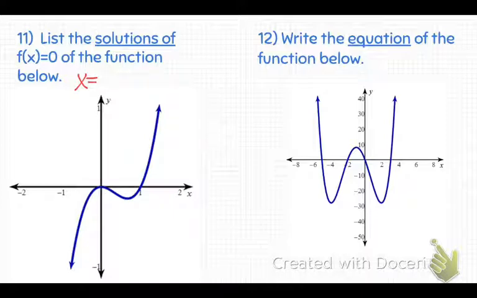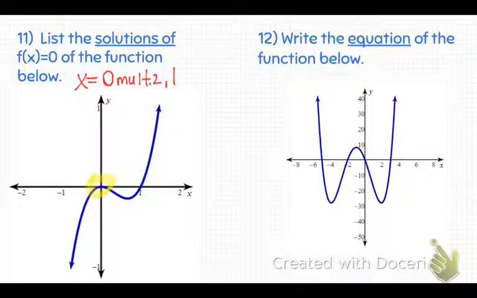X equals 0. And what's happening at 0? It is 0 multiplicity 2. Do you see how it bounces at the origin? So you can write 0 multiplicity 2, 1. Is that okay?